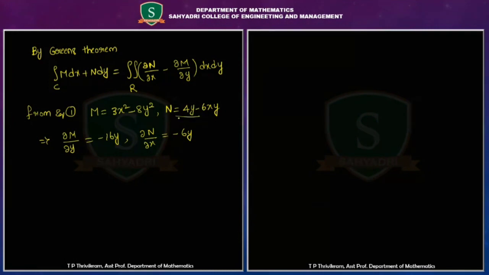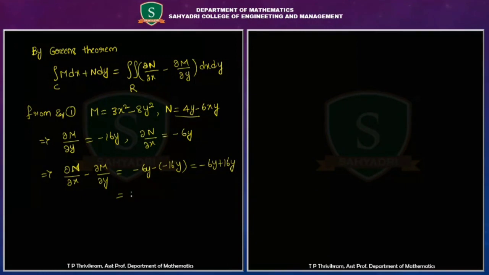So dou N by dou x minus dou M by dou y is equal to minus 6y plus 16y. Correct. Or you can write minus 6y is the value of dou N by dou x minus of minus 16y. So minus 6y plus 16y. So this one is equal to how much? 10y.